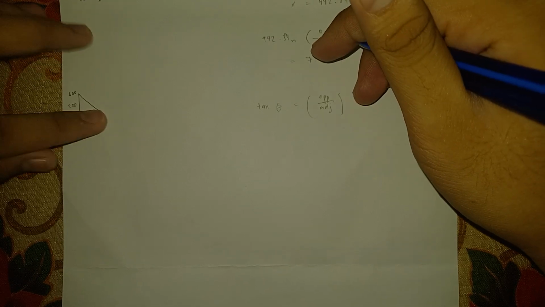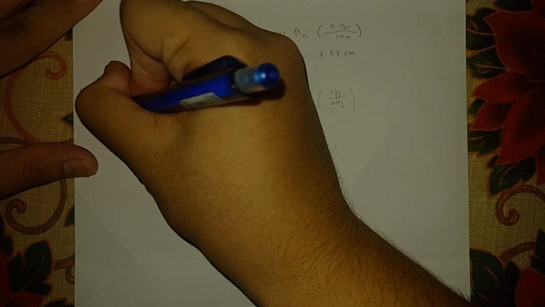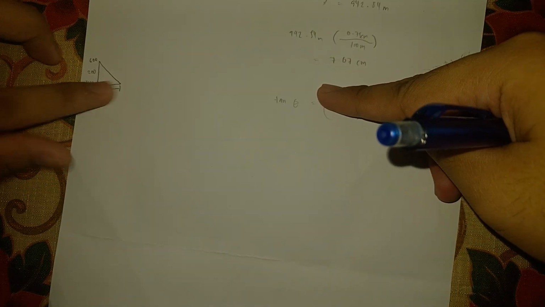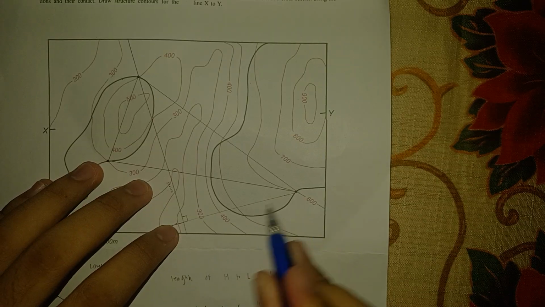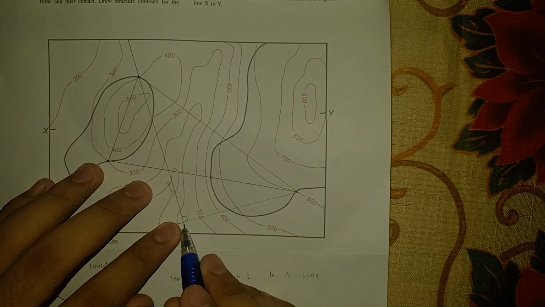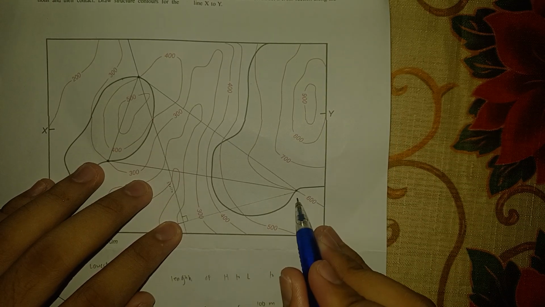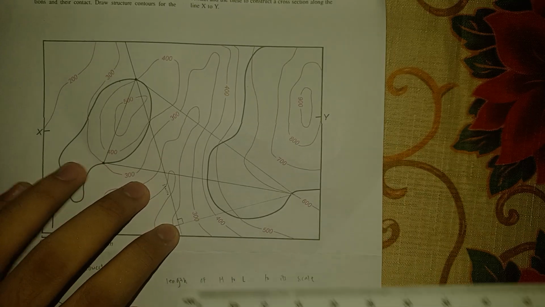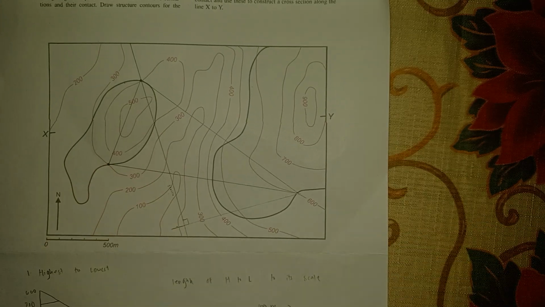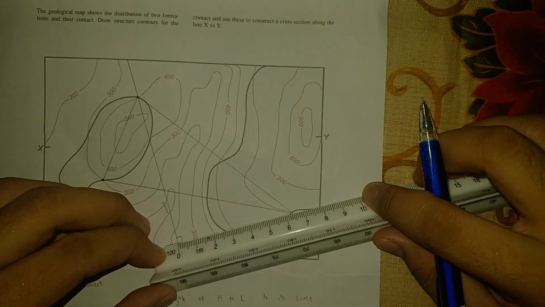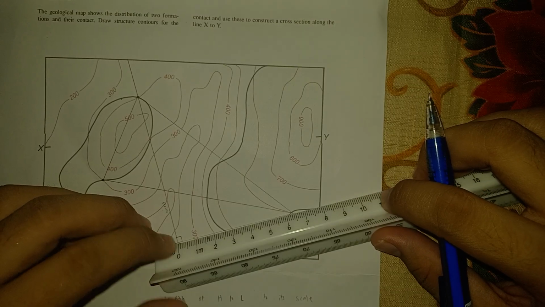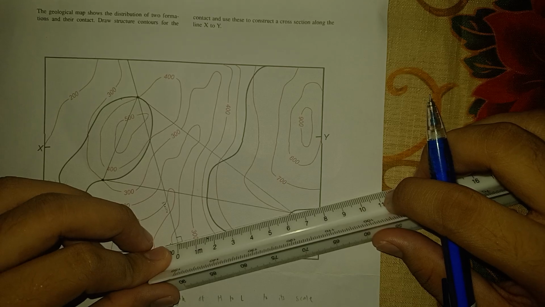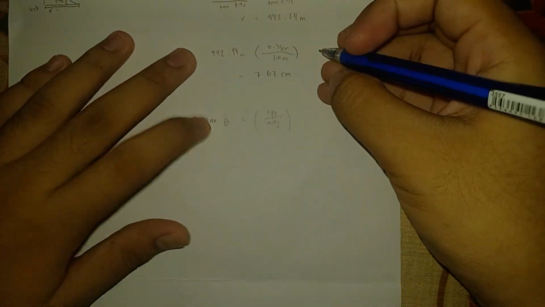To get the adjacent value, this line represents the length from this generated strike to your highest point. So if we measure that, that's at least 6.7.